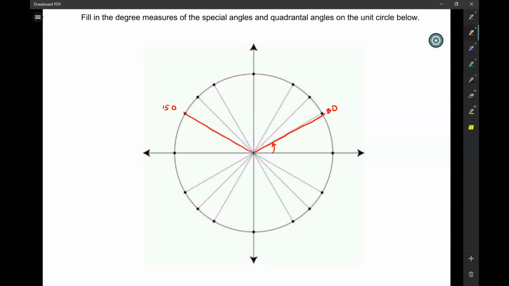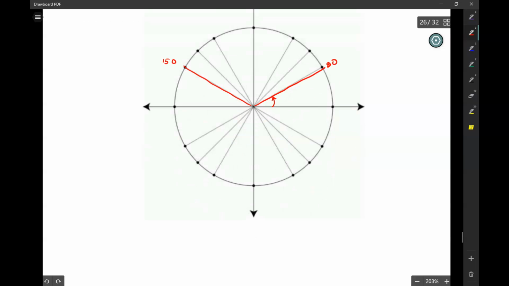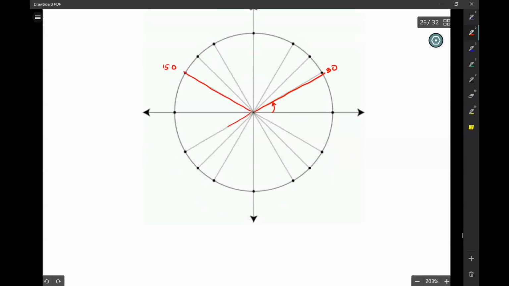Now, 30 degrees down is 210, right? So what's 30 degrees down from this x-axis, this way? 330. So these are all the ones that correspond to 30 degrees.